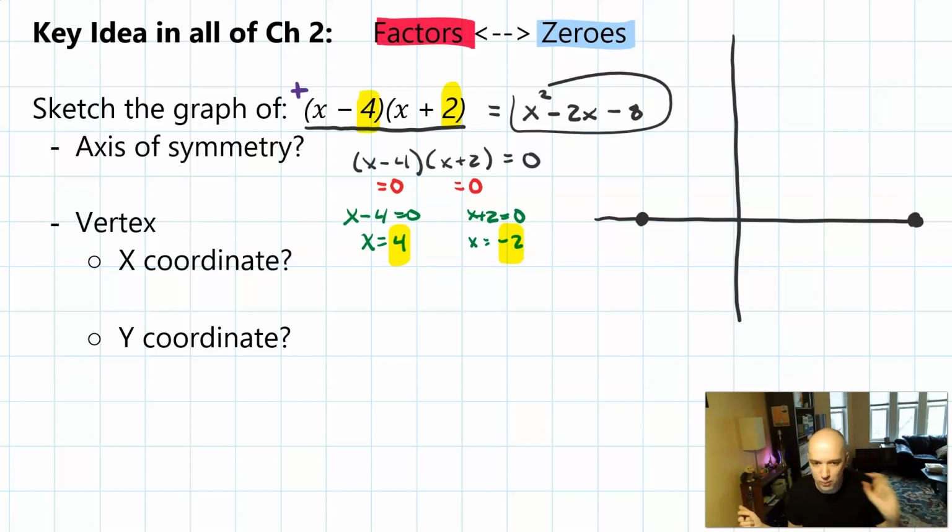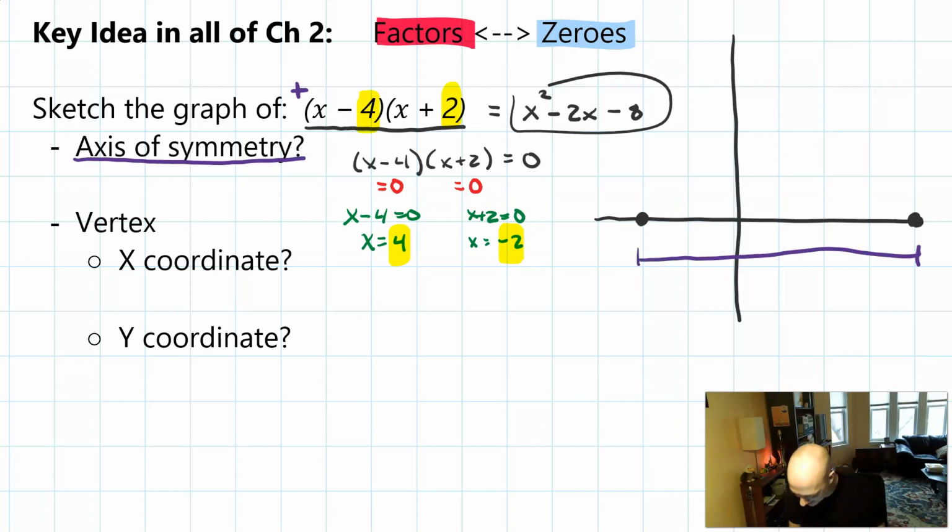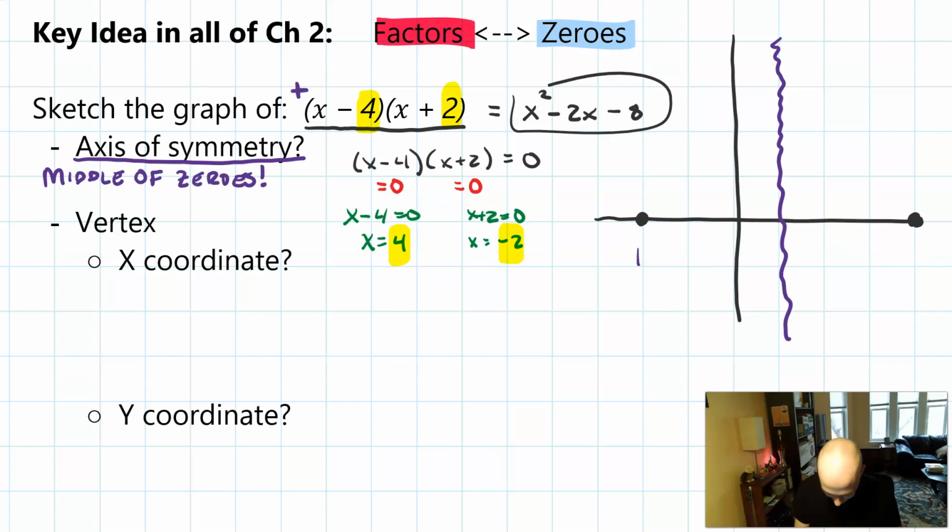So then the question is, where is the vertex going to be? Well, remember how quadratics always have an axis of symmetry? Let's think about where that has to be. It has got to be directly in the middle of the zeros. So that vertex in the middle of the zeros, I want to use a different word though. In mathematics, we think about middle, we think about midpoint.